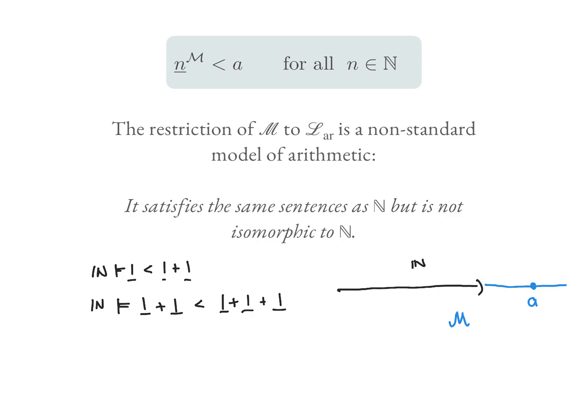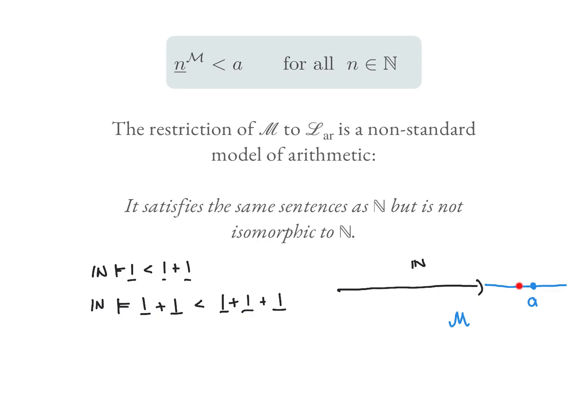So you can start thinking about now what this model M must look like, right? So if we have this A here, every number can be added to itself, so there also has to be an A plus A, and that also has to be in the non-standard part. Also, if a number is not zero in the natural numbers, then it's the successor, in terms of plus 1, of another natural number.